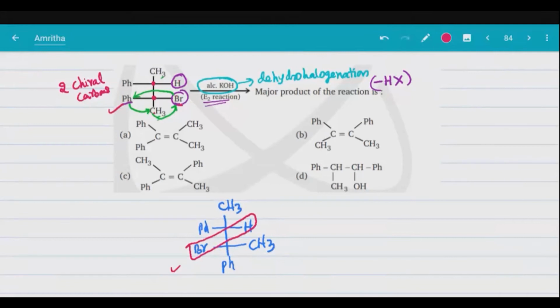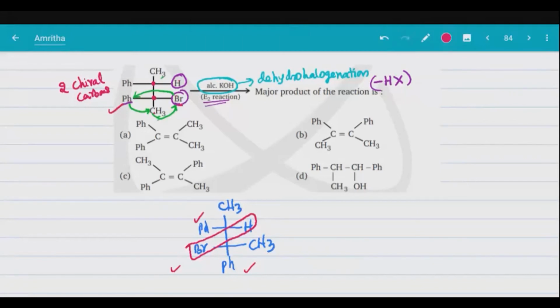Yes, that is true. Two changes we are doing, fine. But assume one complete rotation at any chiral center gives identical configuration. Ph and Ph: one is horizontal, one is vertical. They are opposite.